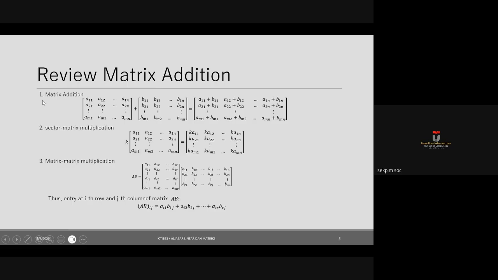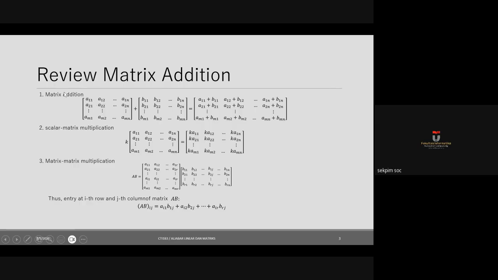Okay, so this is some review of our previous meeting. In matrix, we have several operations, right? We know the addition, which requires some condition for the size of the matrix for two matrices to be able to be added.